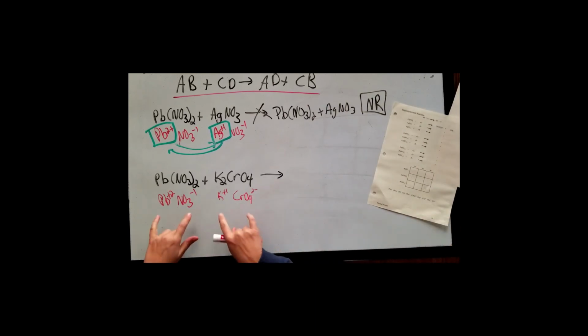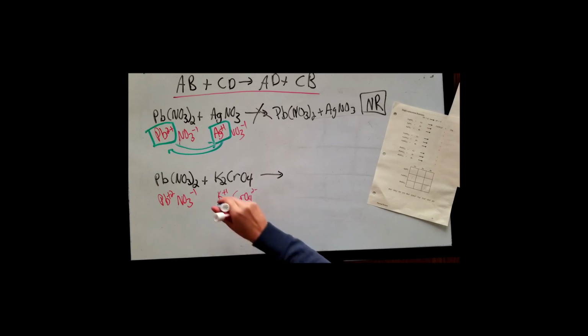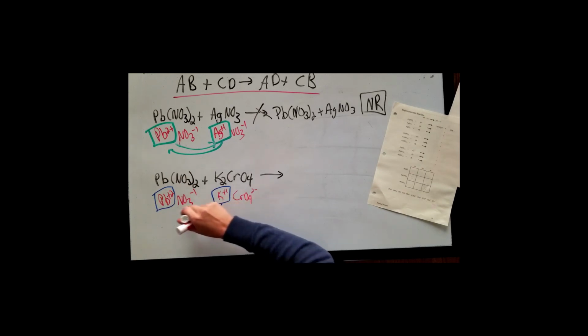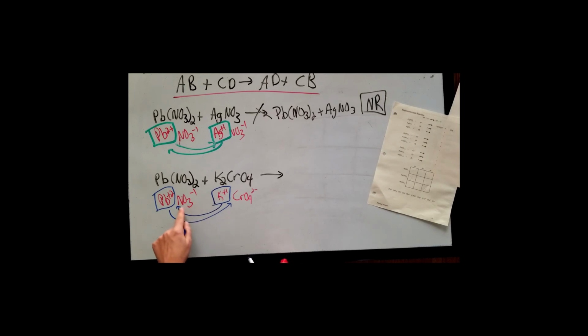So I'm writing all of these charges so that when I switch partners, I can predict what the chemical formulas are going to look like. So the cations, the ones with the positive charge, these are going to switch partners. So what that means is potassium is going to pair up with NO3, and lead, Pb, is going to pair up with CrO4. So let's see how that looks.